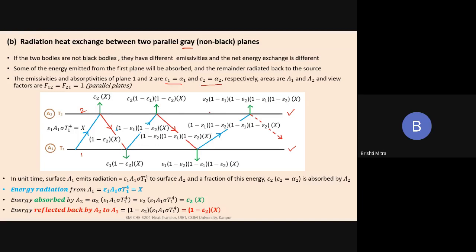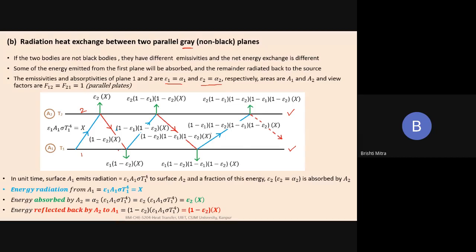The areas of the two bodies are A1 and A2, and the view factors F12 and F21 are both equal to 1 because these are parallel bodies. Whatever radiation comes out from 1 will essentially fall on 2. There is no other place to go. And whatever comes out from 2 will fall on 1 because, again, there is nothing else to go.